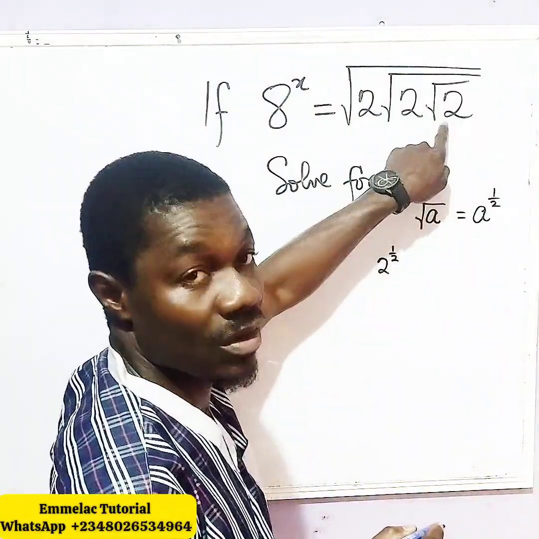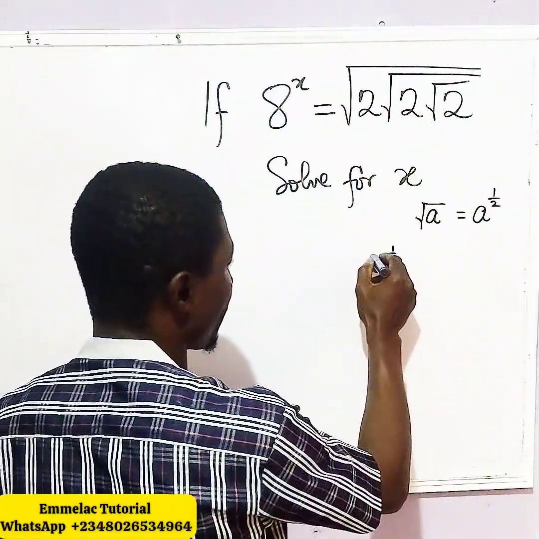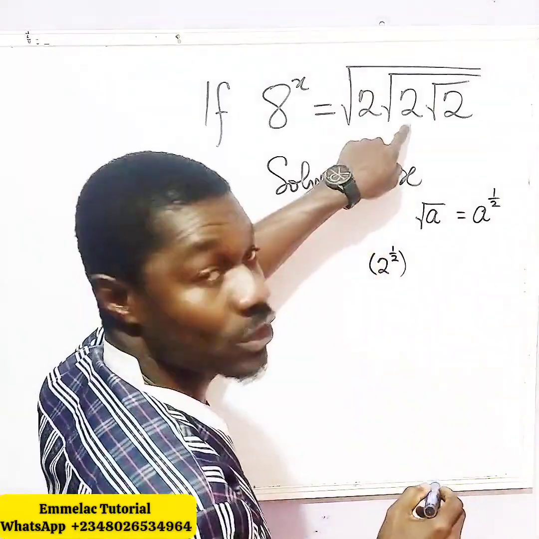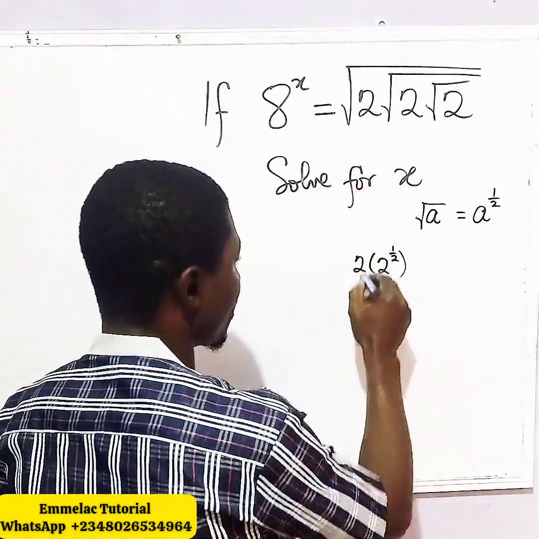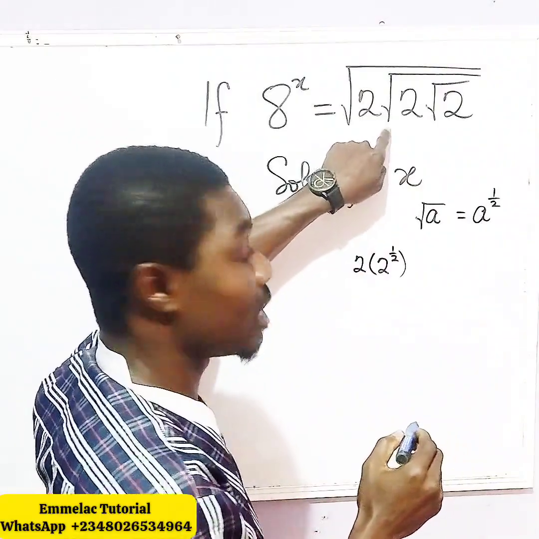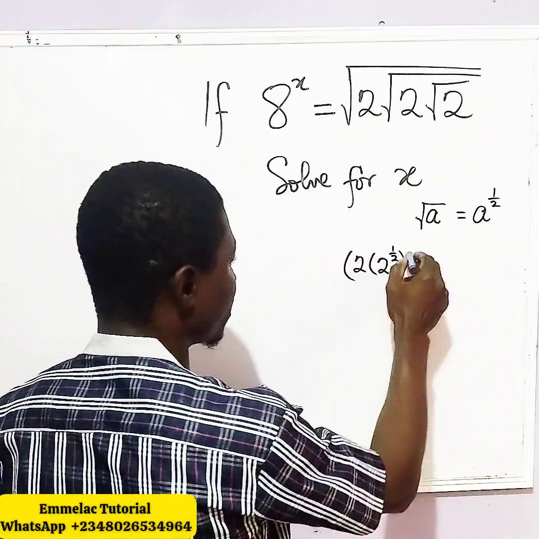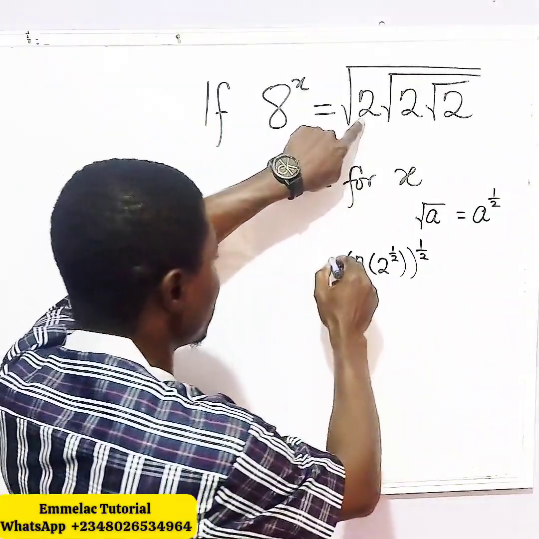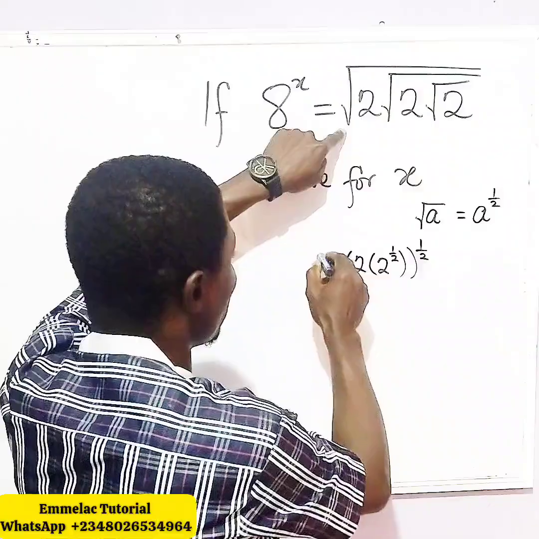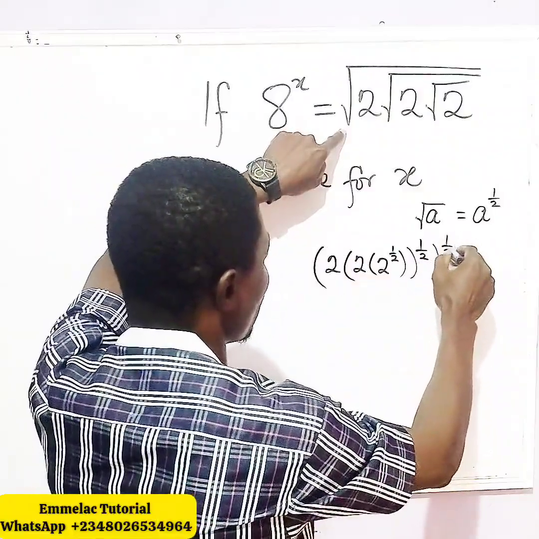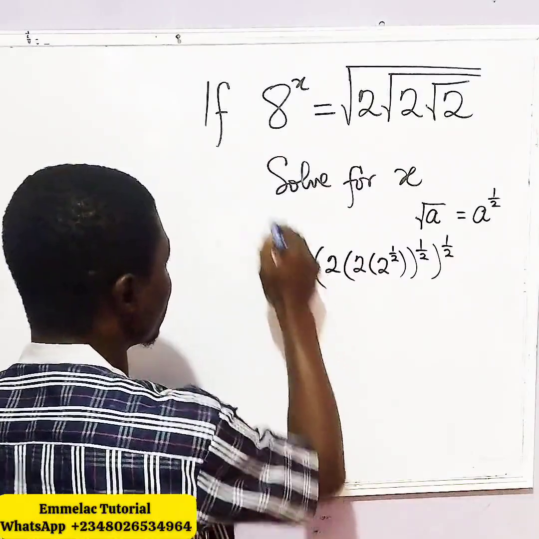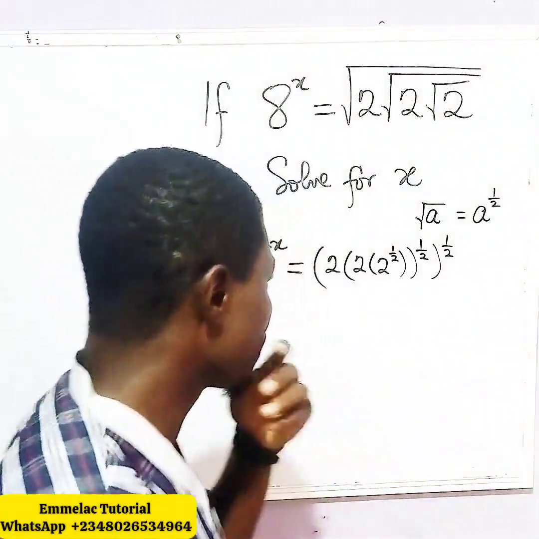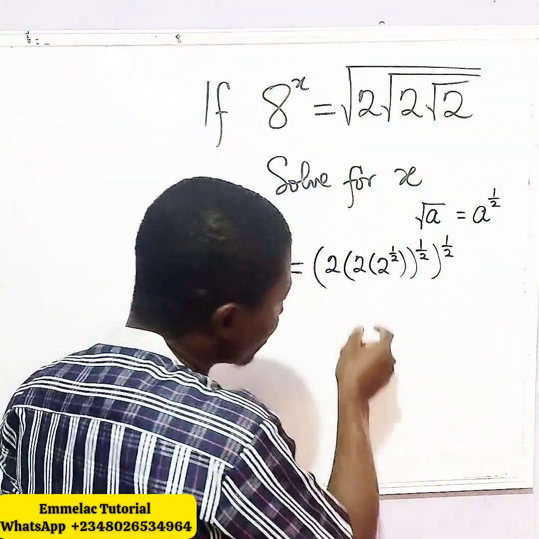Now take note, it is embedded into a radical, which means this is raised to 1 over 2. This 2 here has its own 1 over 2 also. Take note, the whole of this equals 8 raised to x.